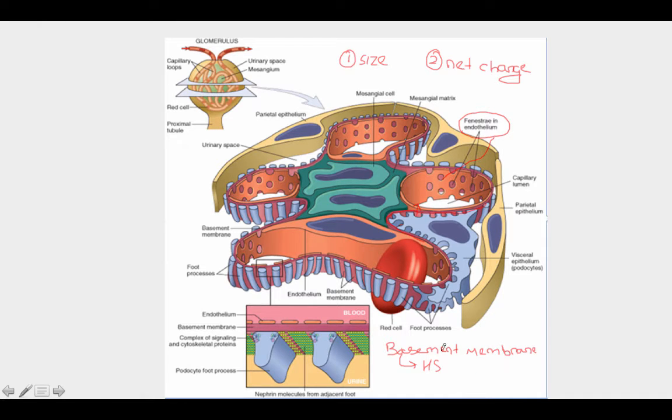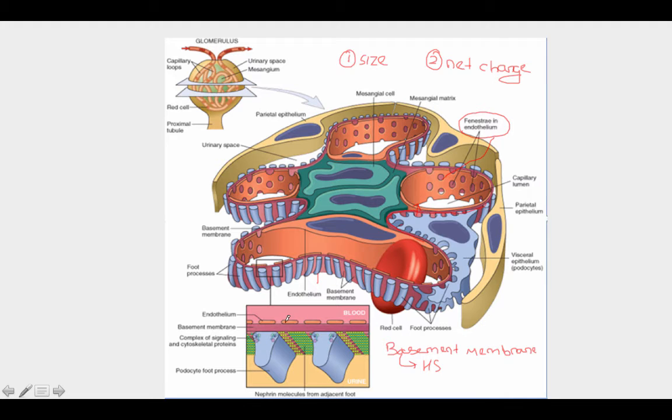Right? And then finally, under the basement membrane is a second layer of epithelium that's very closely adherent to the endothelium, and that's called the foot processes. Right? They're podocytes with foot processes.